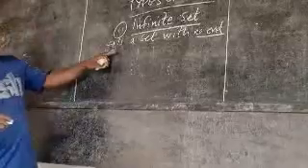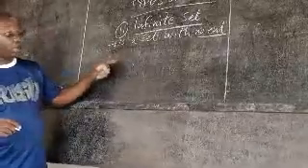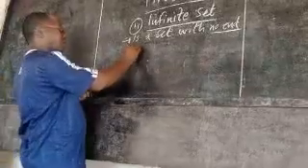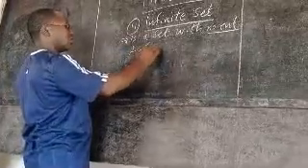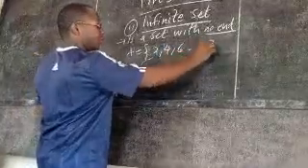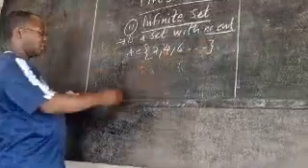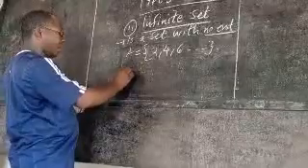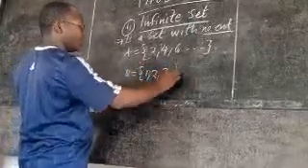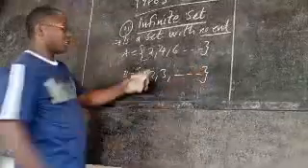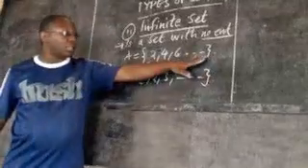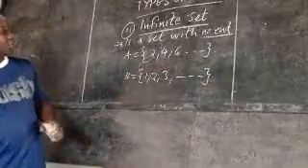So this set has a starting point but no ending point. For example, we have set A, which is 2, 4, 6, and so on. This means a set with no end. For example, we have a set B of 1, 2, 3, and so on. This is a set with no end. So it has a starting number but no last term. This is an infinite set.